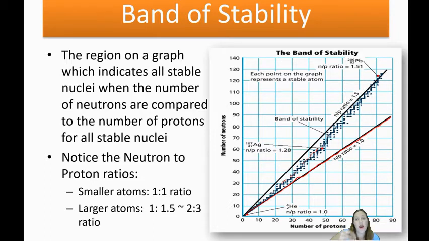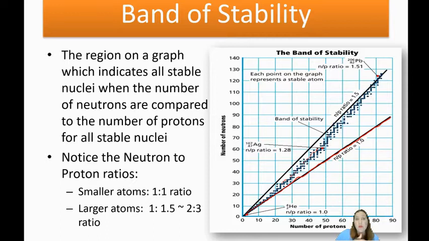Now, as your isotopes get heavier, you'll realize that you no longer have a 1-to-1 ratio. Now, for larger atoms, you're going to have a 1-to-1.5 ratio. So if you look at your periodic table, you'll notice that you have way more neutrons for a stable isotope than you do protons. And that ratio you'll be able to find is like a 2-to-3 or 1-to-1.5.